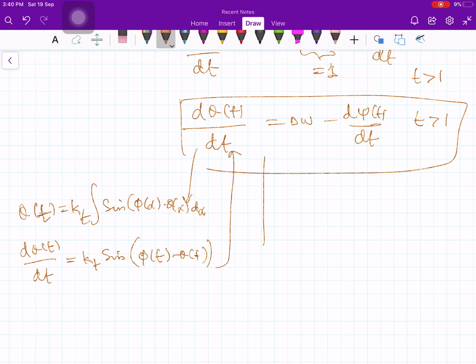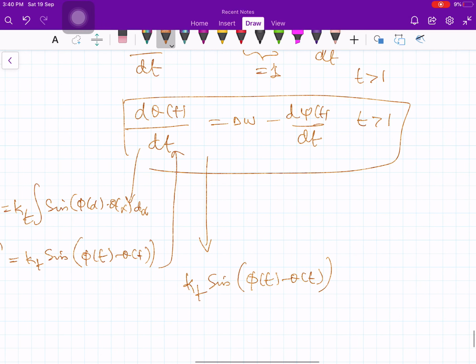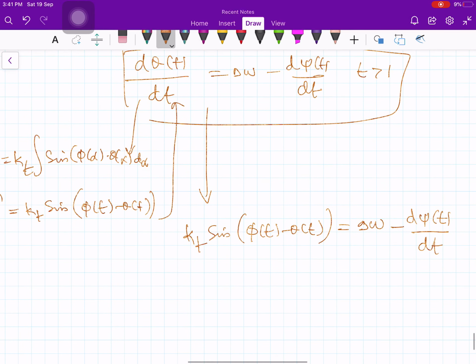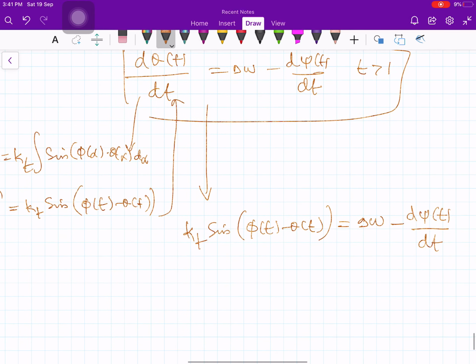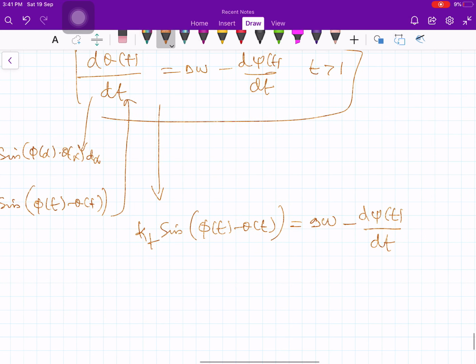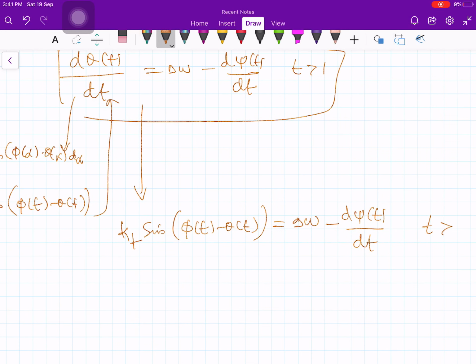So therefore this equation becomes k suffix t times sine of phi of t minus theta of t is equal to delta omega minus d psi of t by dt. So this equation is valid only for t greater than 0.